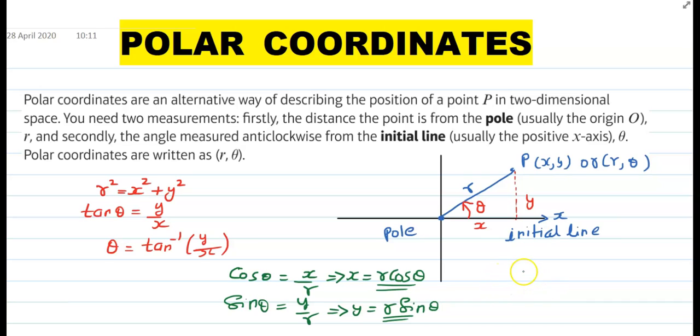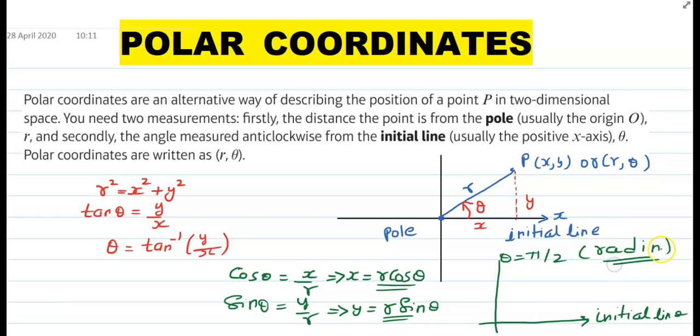Now, if we denote polar coordinates, I have already discussed it. So this is your initial line, and theta is pi over 2. Here we are talking about the angle in radians. So the angle is measured in radians.